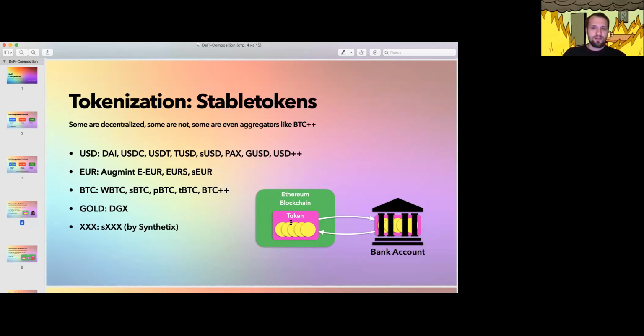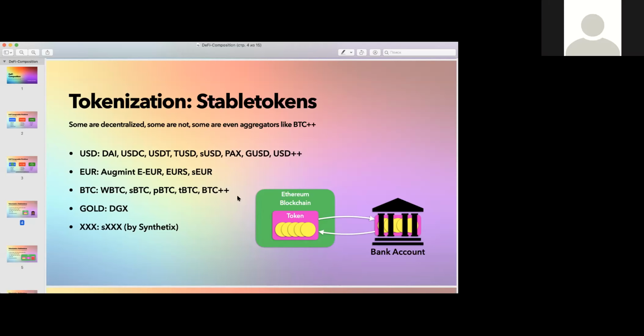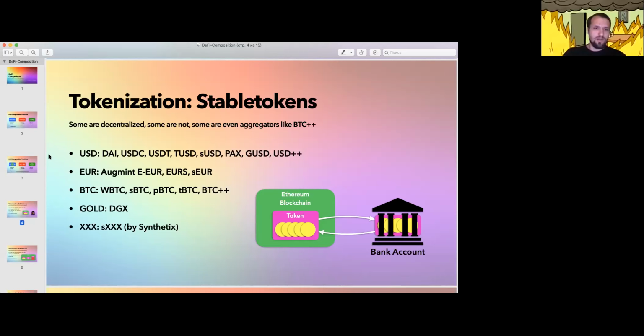Some of these custodian providers have audits that they have all the money they're talking about, and all the tokens they issued are backed. Some of them don't have audits, so it's something like this.